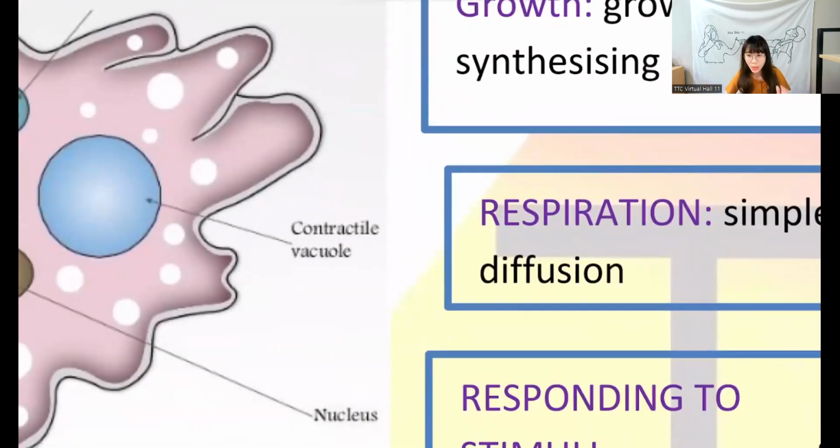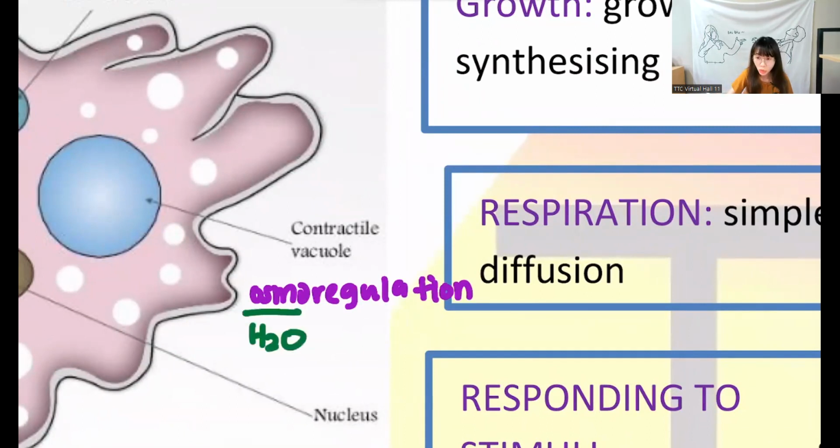So contractile vacuole will undergo a process. We call this osmoregulation. What does osmoregulation mean? Osmo means water. Regulate means regulate. Everybody should know what regulate means, right? When the term ends with ION, what does it mean?